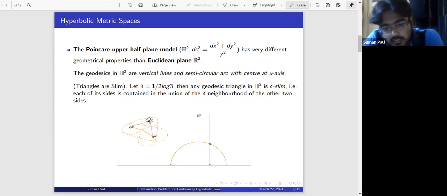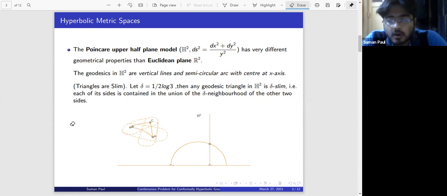Then we take the delta neighborhood of AC and BC. Then we can find that the side AB is contained in that neighborhood. And this holds for other sides also. So basically we say that each of its sides is contained in the union of delta neighborhoods of the other two sides. This kind of triangle is called a delta slim triangle.